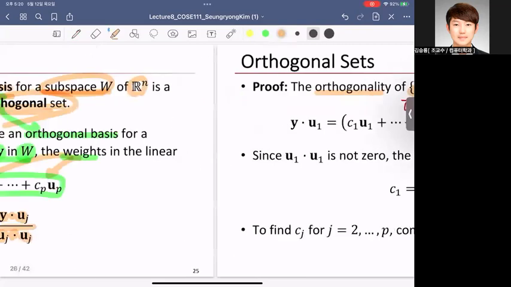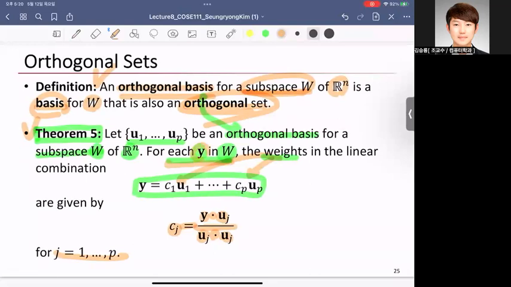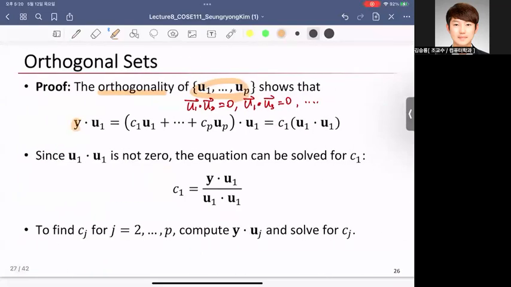So first of all, for arbitrary y in subspace W, because y is one of the vectors in this subspace, there exist coefficients such that y is a linear combination of the basis. Then let's compute y inner product u1.